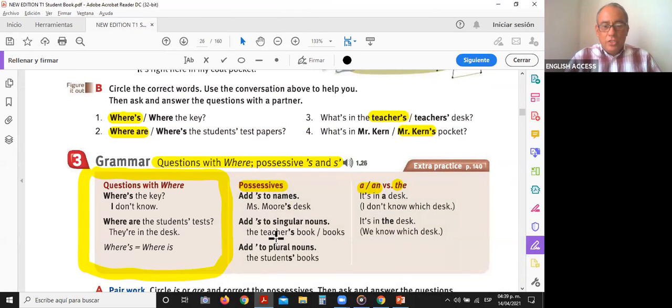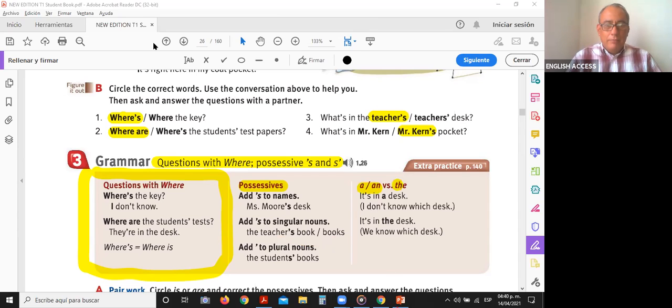For example, the teacher's book, meaning that the book belongs to the teacher. Or maybe the books belong to the teacher. That's different because in this case the only plural is the item, the thing that has an owner. So let's continue.